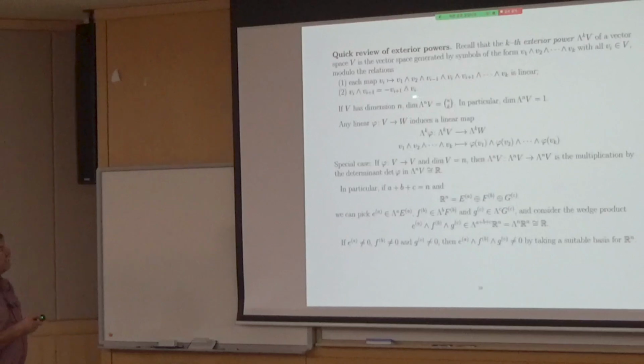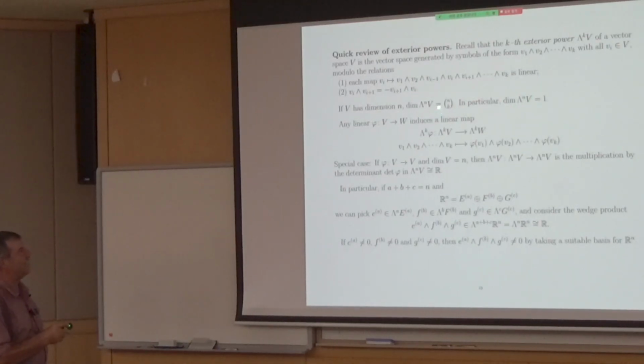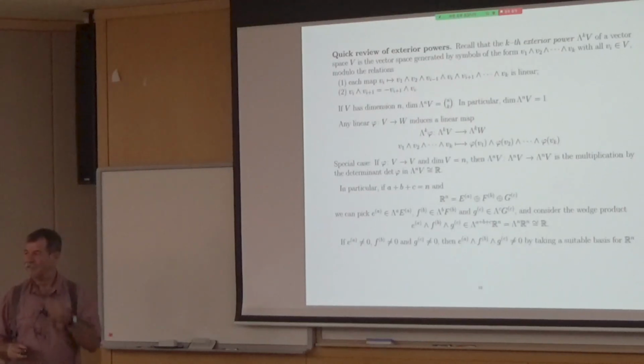Okay, and then this is a vector space. You can compute the dimension because you start with the basis for V, and then there is a well-known basis for lambda k. The dimension of lambda k of V is n choose k. So in particular, when k is equal to n, the dimension is n choose n, which is 1.